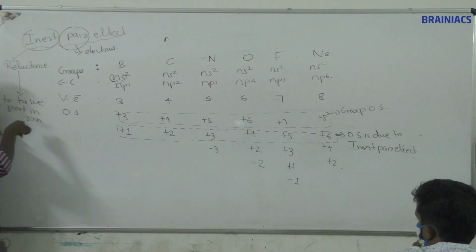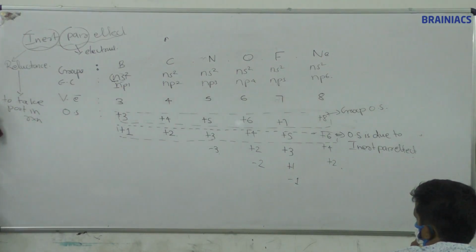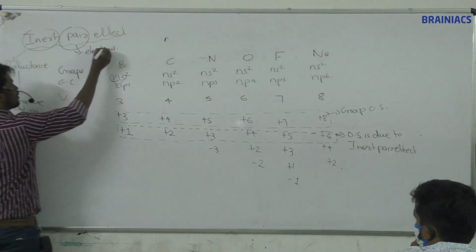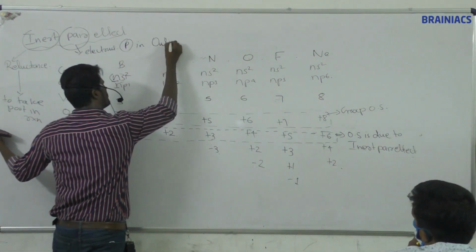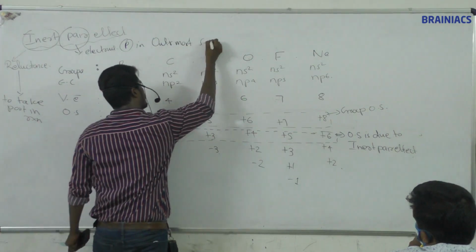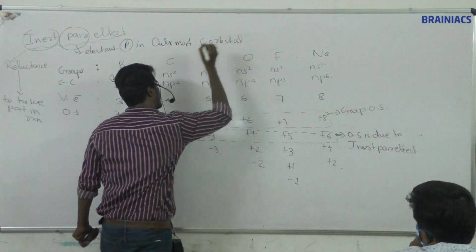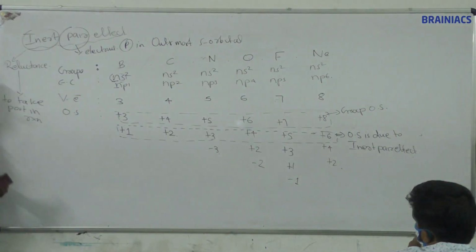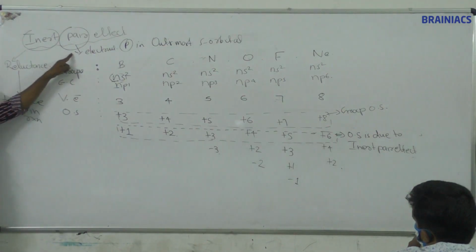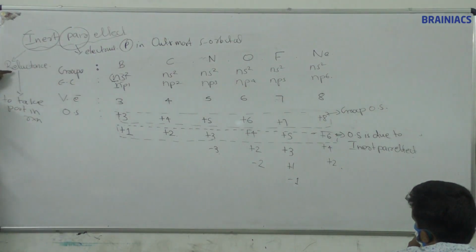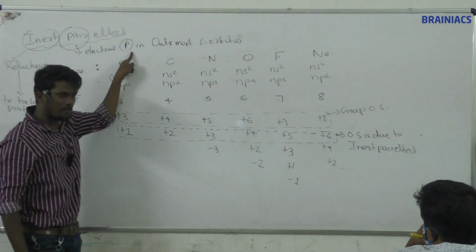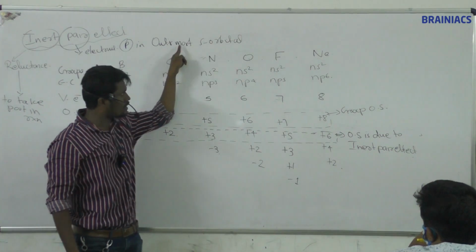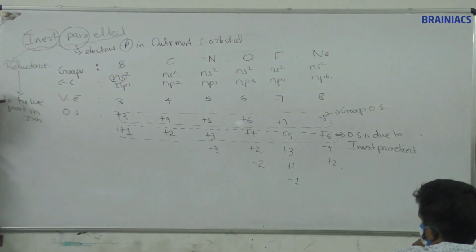So which orbital shows reluctance to take part in reaction? The electrons present in which orbital? Outermost S orbital. So inert pair effect is the reluctance of electrons present in outermost S orbital to take part in reaction.